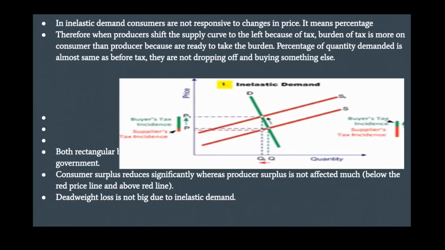Therefore, when producers shift the supply curve to the left because of the tax, the burden of the tax is more on the consumer than the producer, because consumers are ready to take the burden. The quantity of corn demanded is almost the same as before the tax. They are not dropping off and buying something else. Both rectangles, producer and consumer, combined are the revenue to the government.